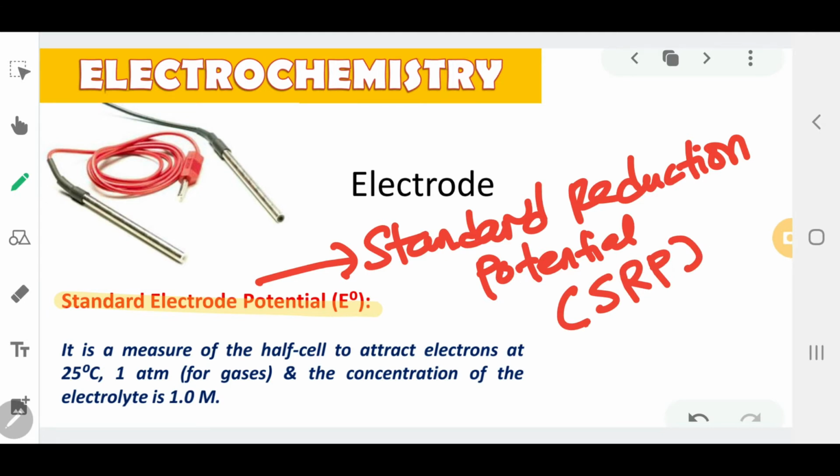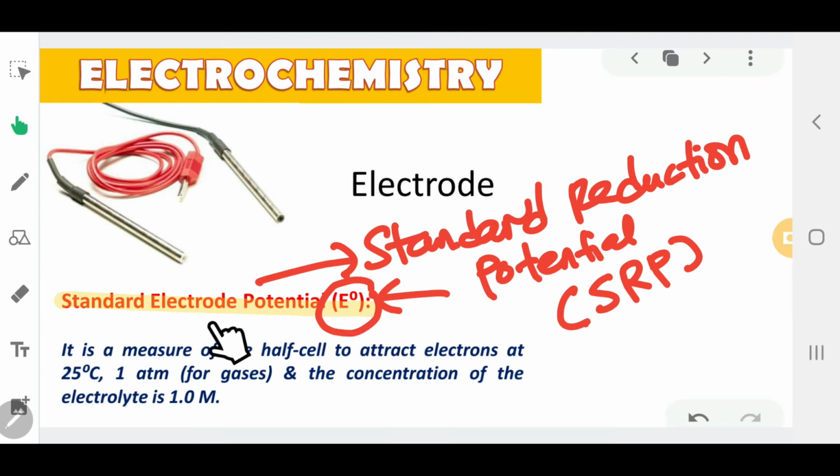And the symbol for SRP is also written in that form, where E stands for the electrode, and the symbol over there, 0, stands for standard.